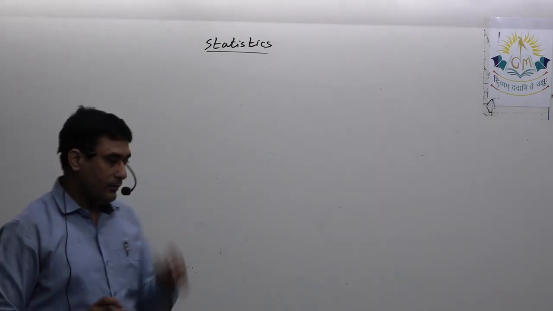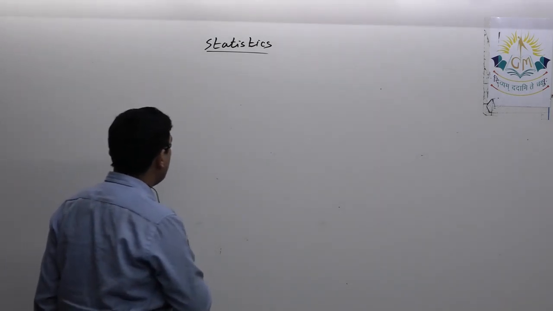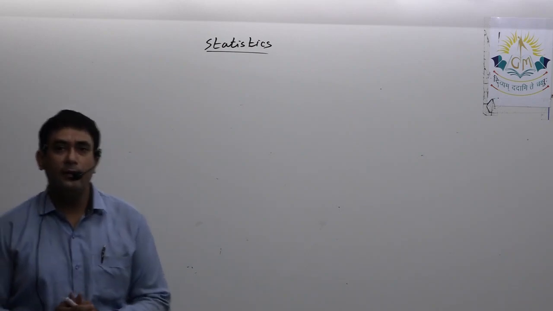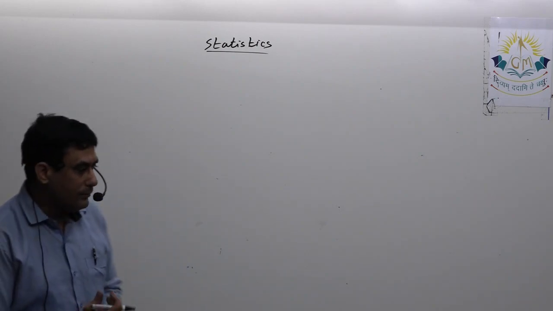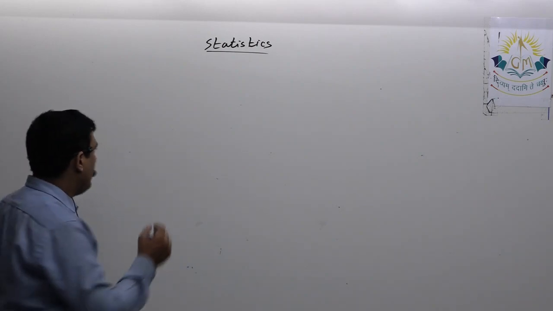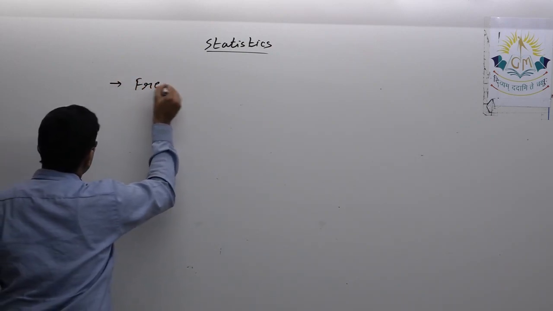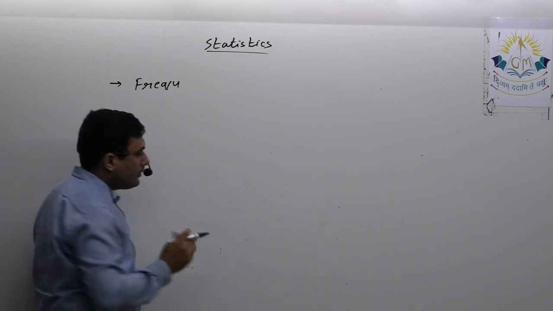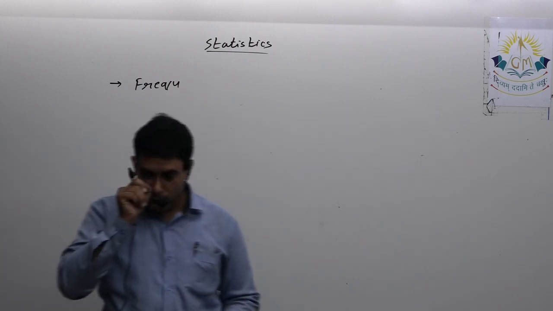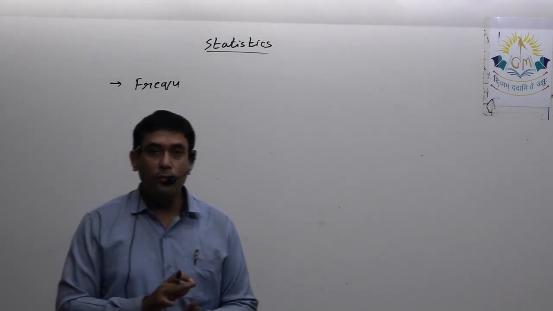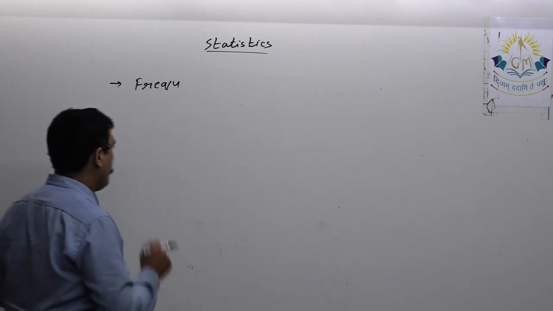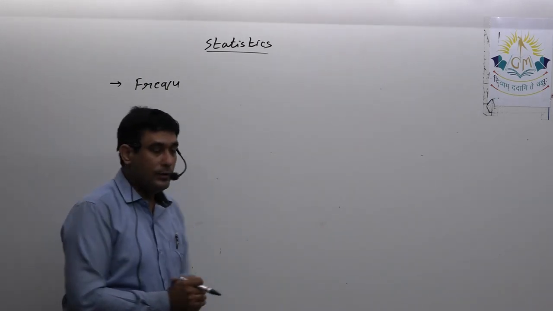We'll see very basic terminology related to statistics first, then we'll see some questions related to that. The very basic thing about statistics is that it is all about frequency distribution. That means if the observations are given to us, how do we arrange them in a proper way so that we can conclude the results.